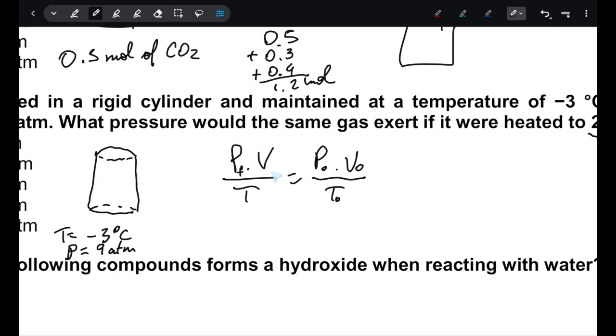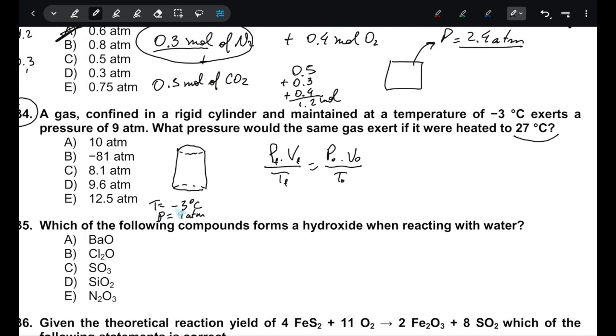So the final pressure times the final volume divided by the final temperature is going to be equal to the initial pressure times the initial volume divided by the initial temperature. The initial temperature is going to be minus 3 Celsius. For this formula, we have to use Kelvin. And how do we convert Celsius into Kelvin? We have to sum up 273. So Kelvin is going to be Celsius plus 273.